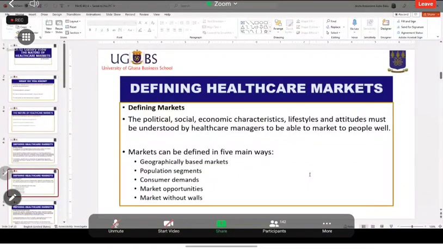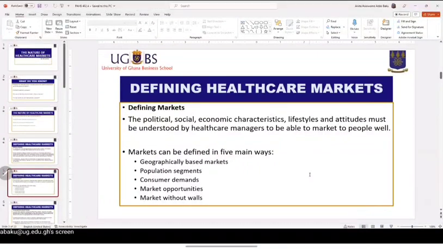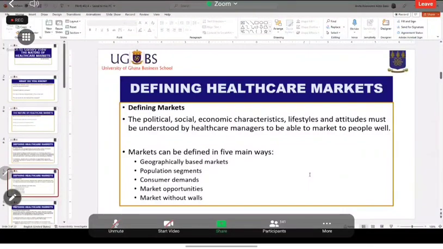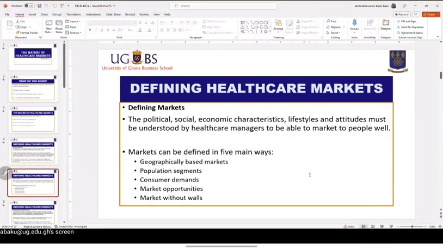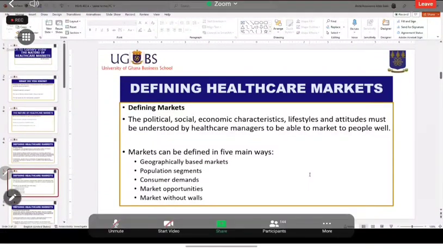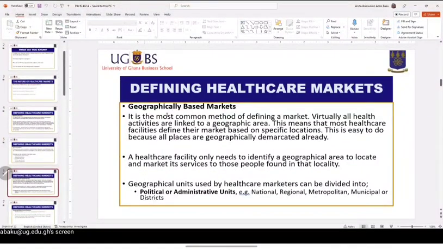And in healthcare, there are 5 main ways that you could define your market. So let's look at those 5 ways. You could look at it geographically, based on population segments, based on customer needs, market opportunities, and then increasingly we are having markets without walls, and I shall be explaining all that.